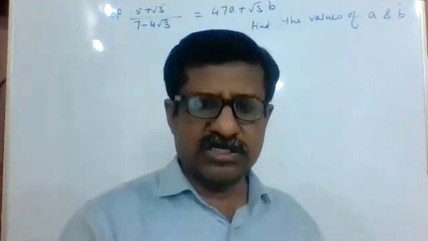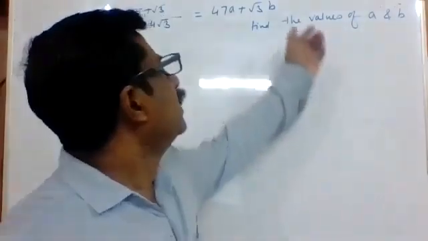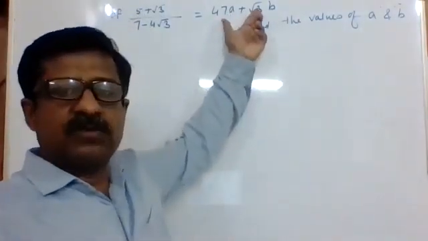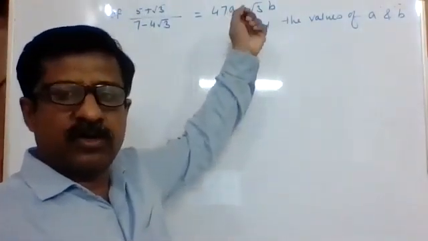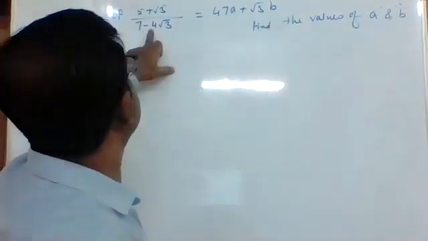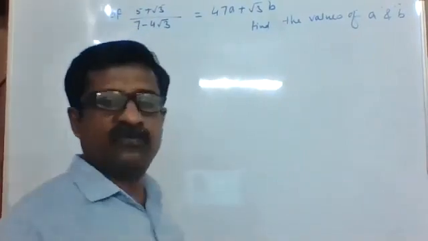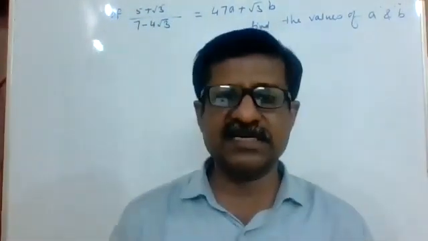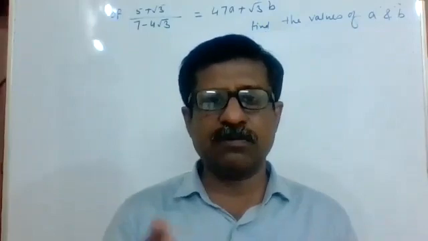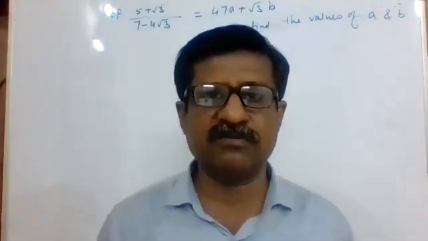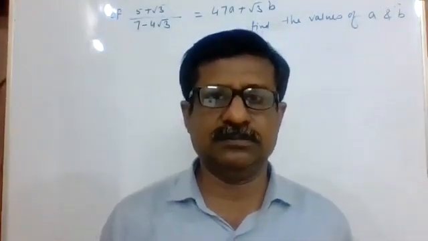Now, in this question, on the right hand side the values are given in numerator, and here the denominator is given as irrational, 7 minus 4 root 3. Therefore, we first try to rationalize the denominator. We try to compare both sides and find out the values of a and b.